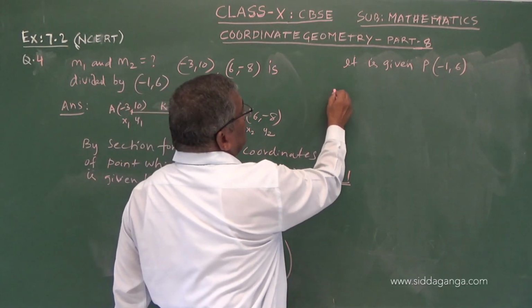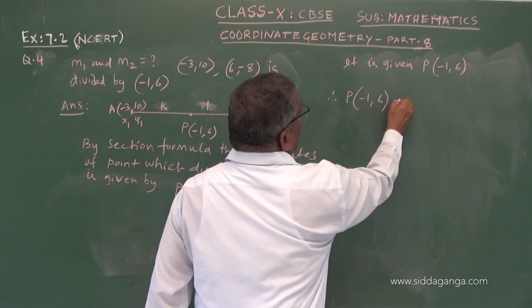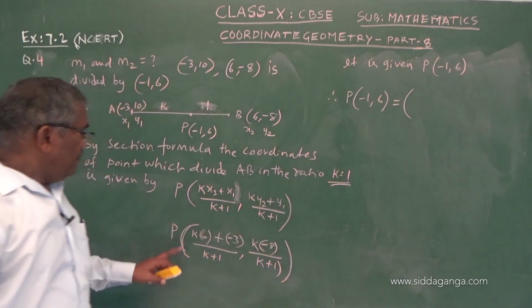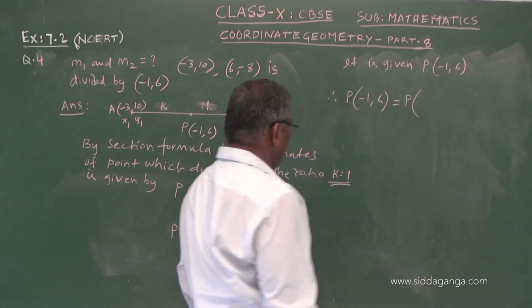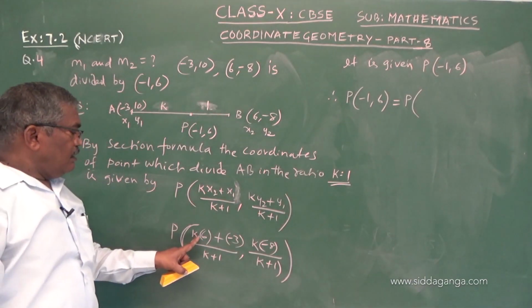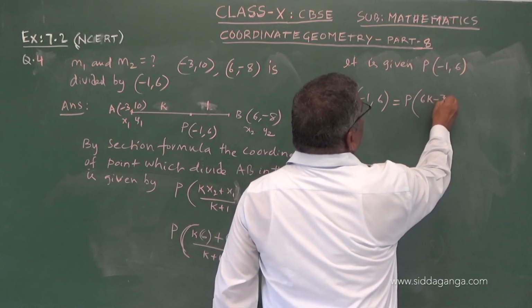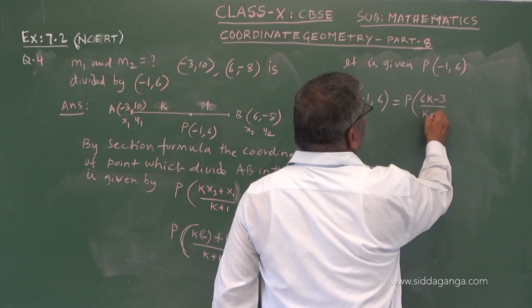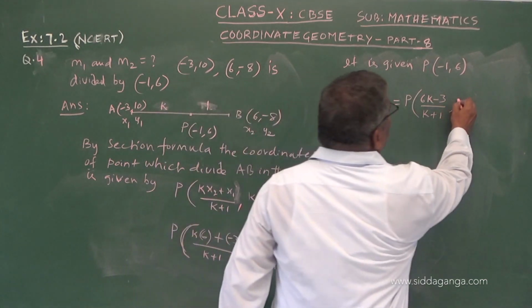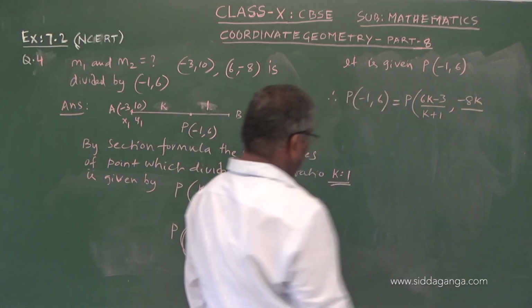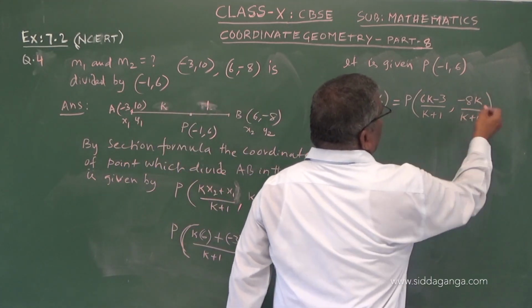So therefore P minus 1, 6 will be equal to P of 6k minus 3 divided by k plus 1, minus 8k by k plus 1.